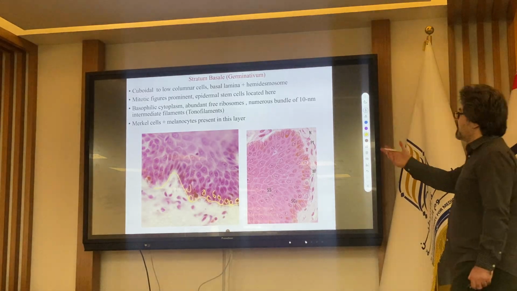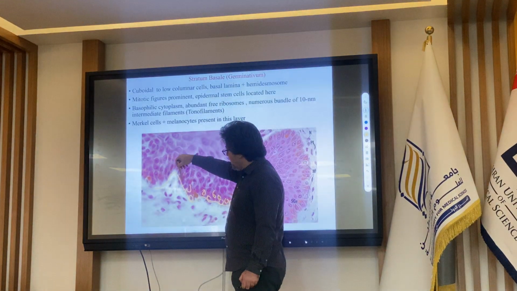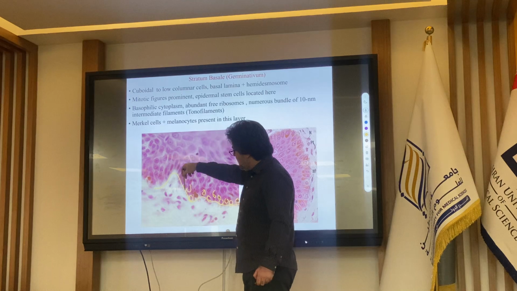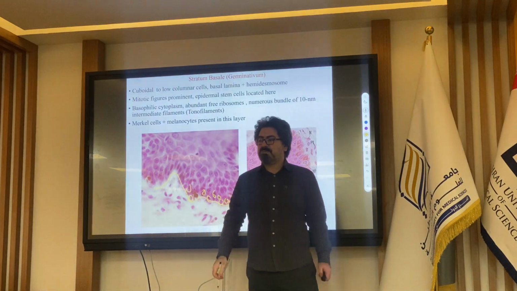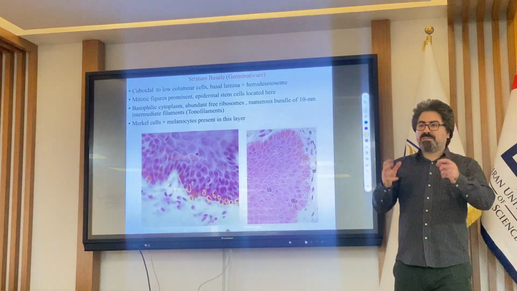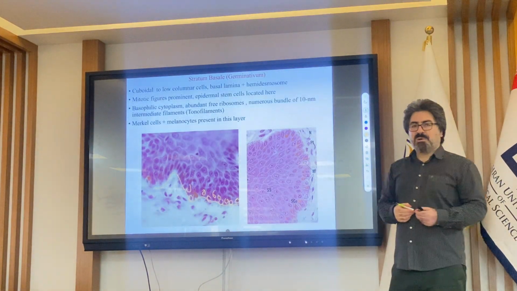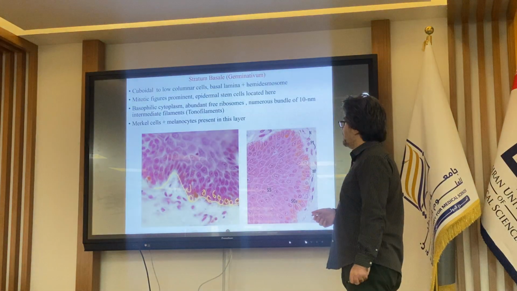And cells in the stratum basale are attached to the basement membrane by hemidesmosome. So cells are attached to each other by desmosome and to the basement membrane by hemidesmosome.